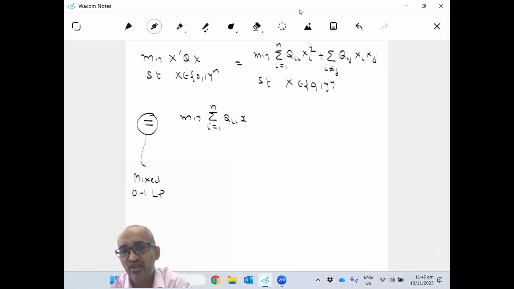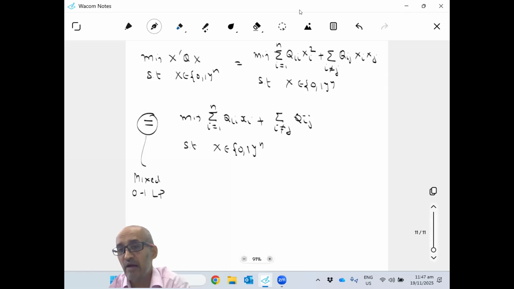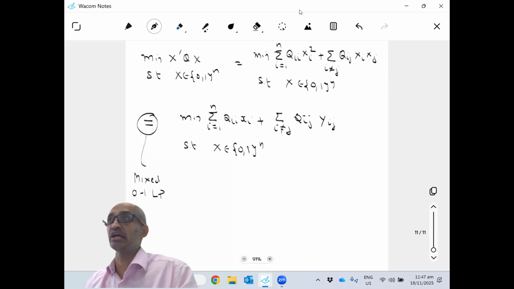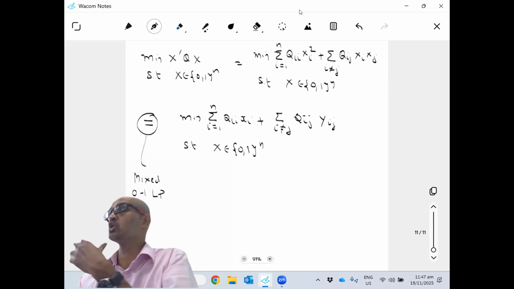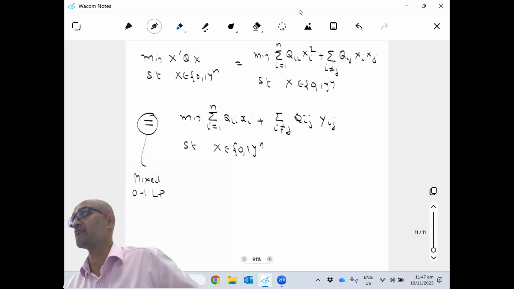I can simply write that as xi because x is in {0,1}^n. So this is okay. So the idea is for every i not equal to j, qij, the xi xj term, I will add in a new variable. This is actually what's called a lifting technique, and we will come back to this later. You lift by adding in new variables.